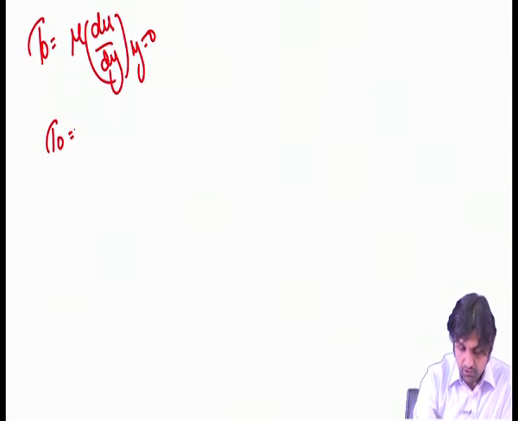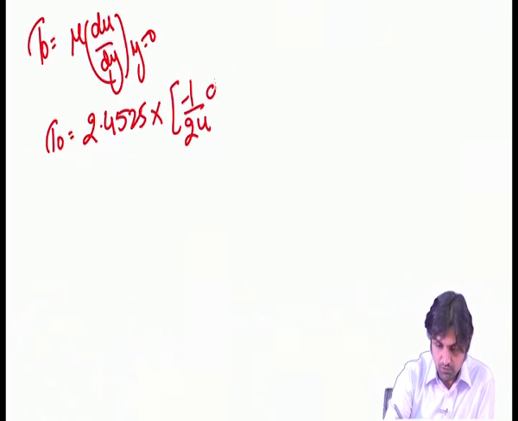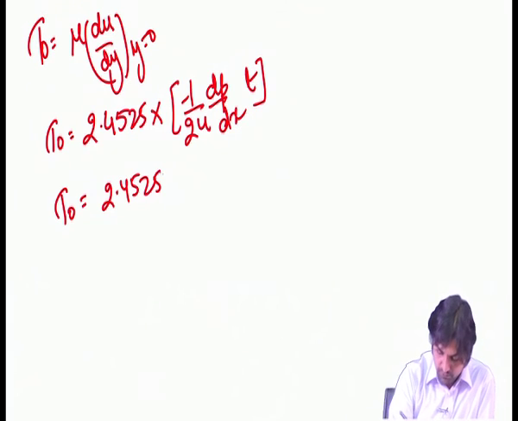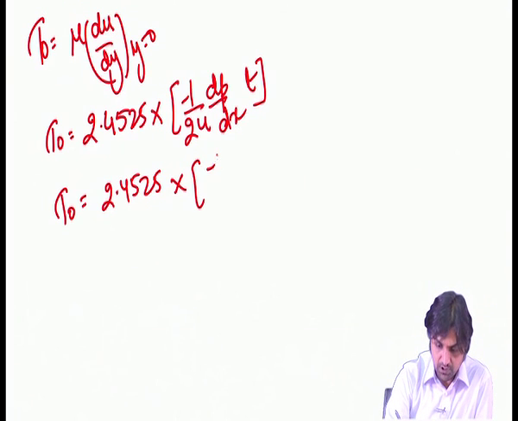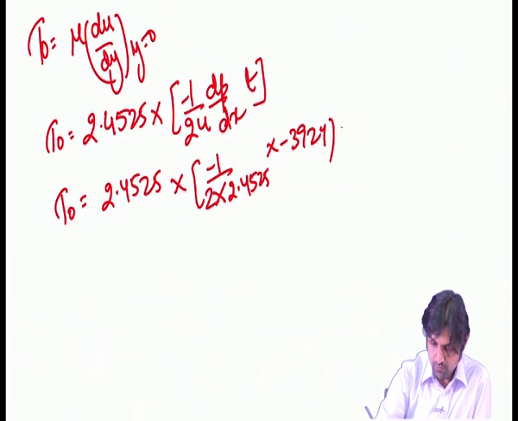Therefore, tau naught is going to be 2.4525 into minus 1 by 2 mu dp dx into t, or tau naught is equal to 2.4525 into minus 1 by 2 mu, and dp dx was minus 3924, into 0.1.